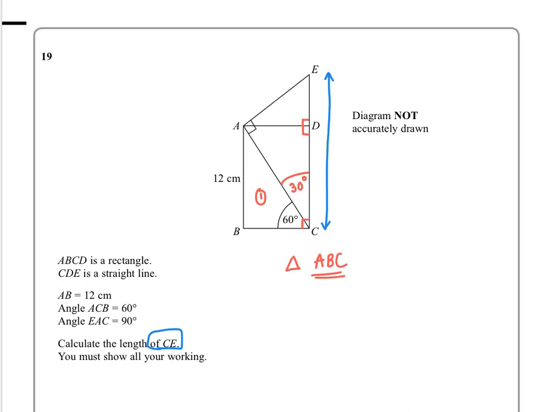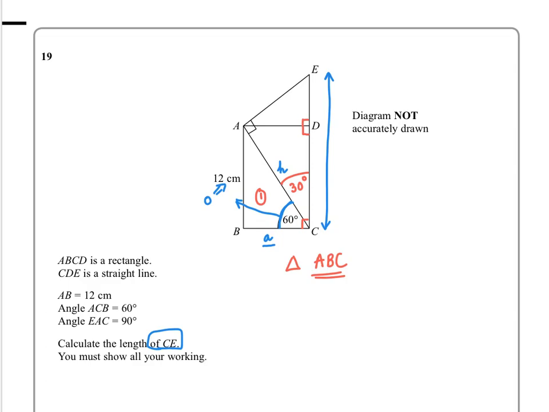we have a situation where if we use this as our angle, we have the opposite here, which is 12, and we can find the adjacent or the hypotenuse. I think what I'm going to do is I'm going to find the adjacent first.